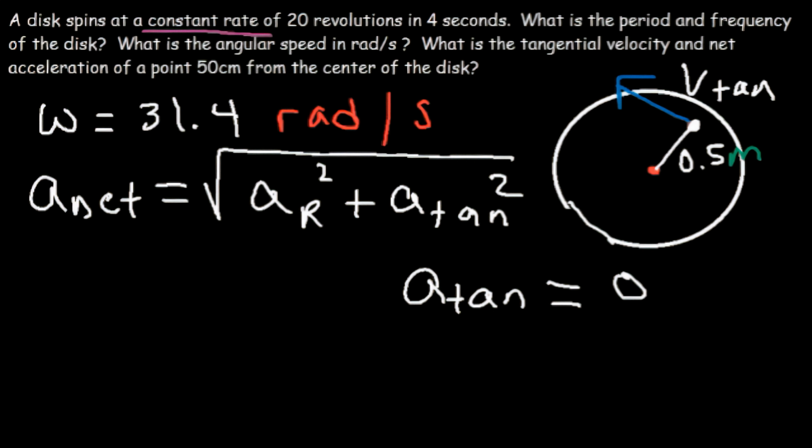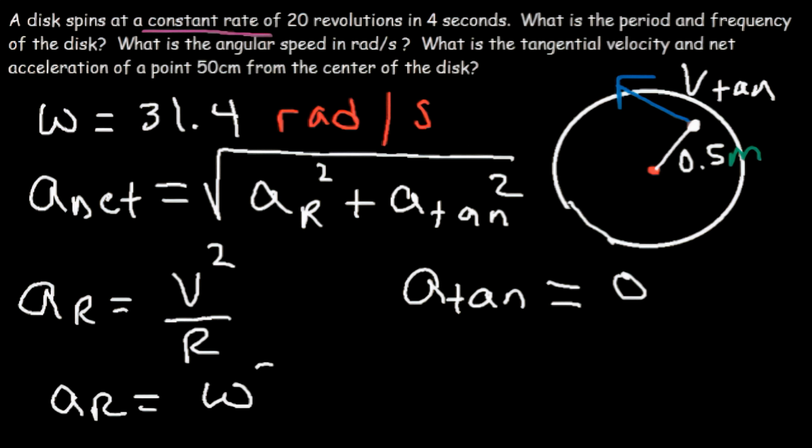Now this point is spinning, it's changing direction as it moves around a circle. Anytime an object changes direction, it has a radial acceleration. And the radial acceleration is equal to v squared over r, or we can use this equation, omega squared times r. Let's use that equation to calculate it.